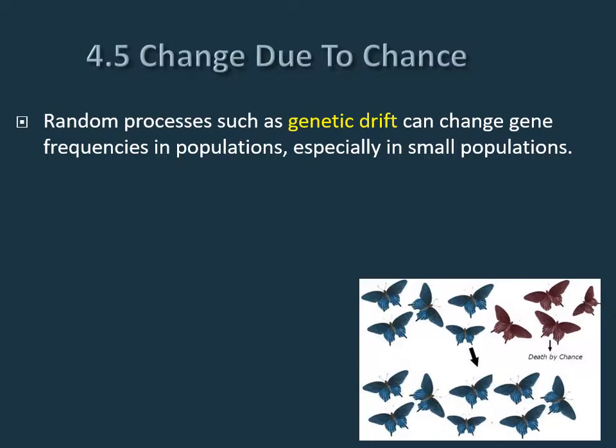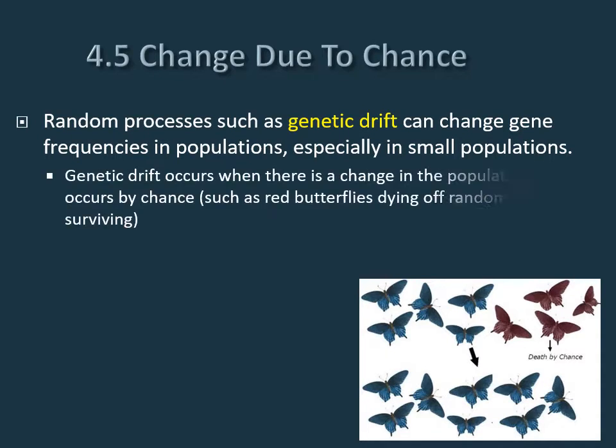The population very quickly went from having a mix of red and blue to having almost all blue, and just by chance, not because the blue butterflies were camouflaged better or were better at surviving, but just by chance the red ones got eliminated.